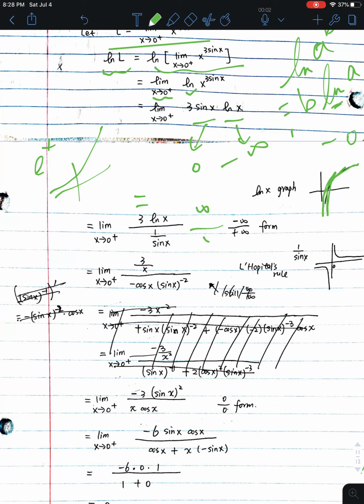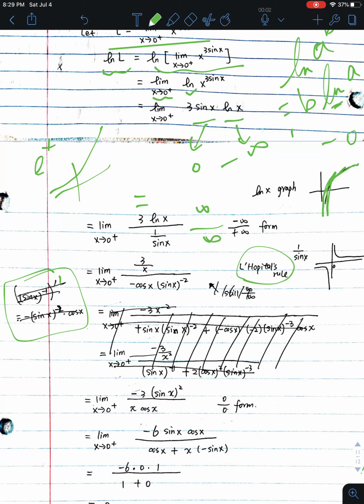So it becomes infinity over infinity, because 1 over 0 becomes infinite. For the infinity over infinity form, we can also use L'Hopital's rule. Then we take the derivative of both numerator and denominator separately. So the derivative of log x is 1 over x, so it's 3 over x. For the denominator, 1 over sine x, its derivative is written here.